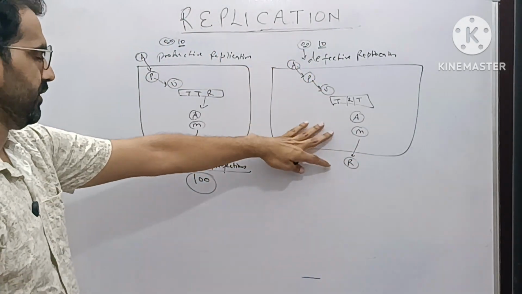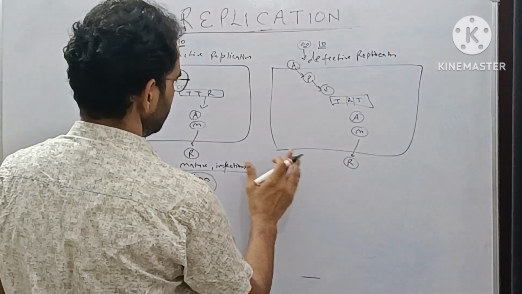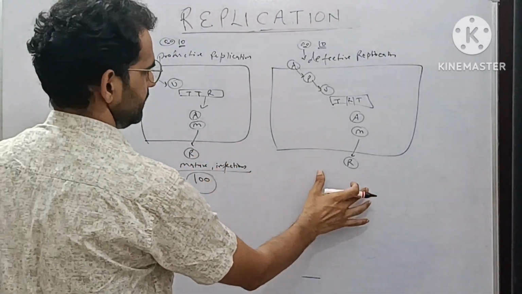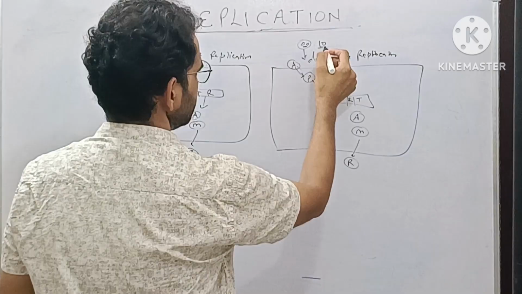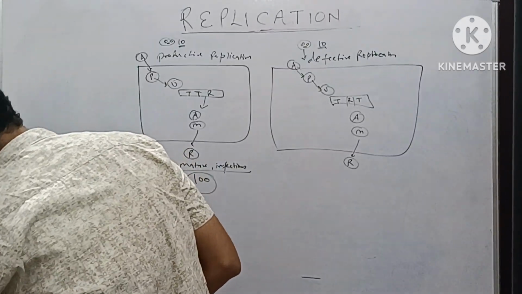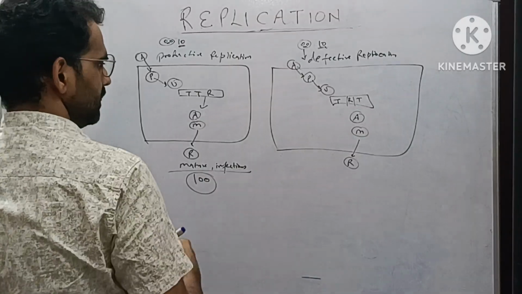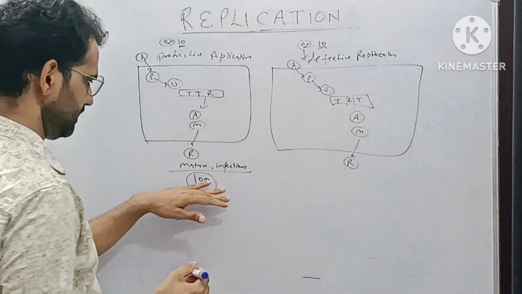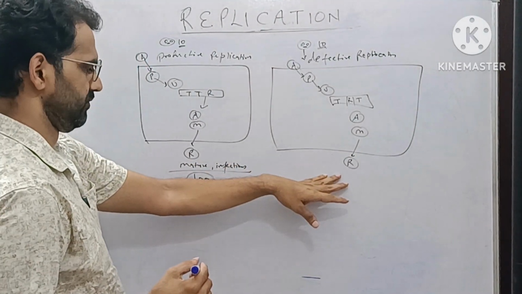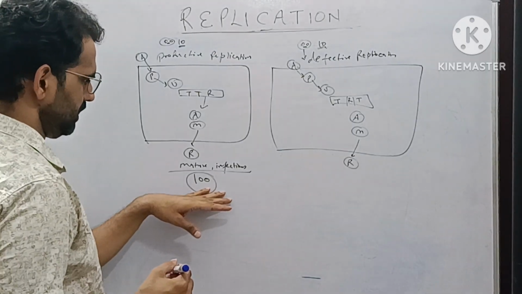So in defective replication, what is different from the productive one is, here 10 enters and here also 10 enters. But in this case, these hundreds are not infectious.